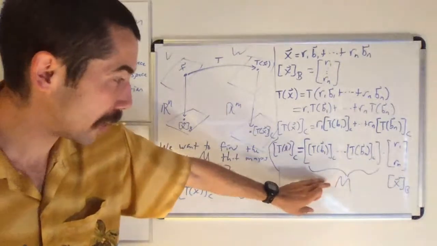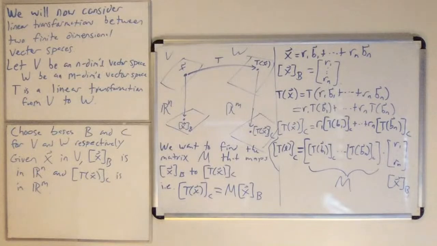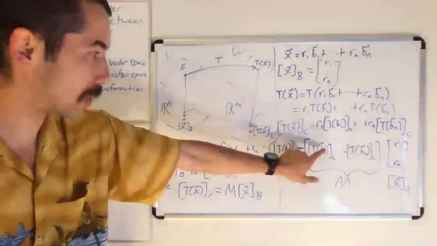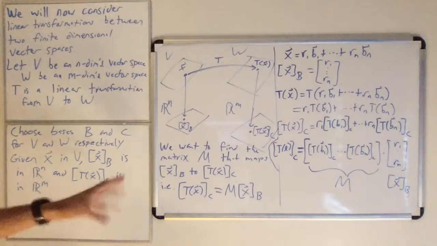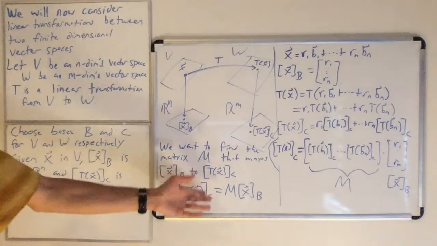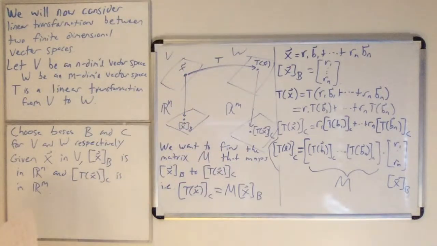So this matrix M, whose columns are the C coordinates of the image of the basis elements under T, is our standard matrix for this transformation. So let's write this down as a definition, and then Emma will get to an example.